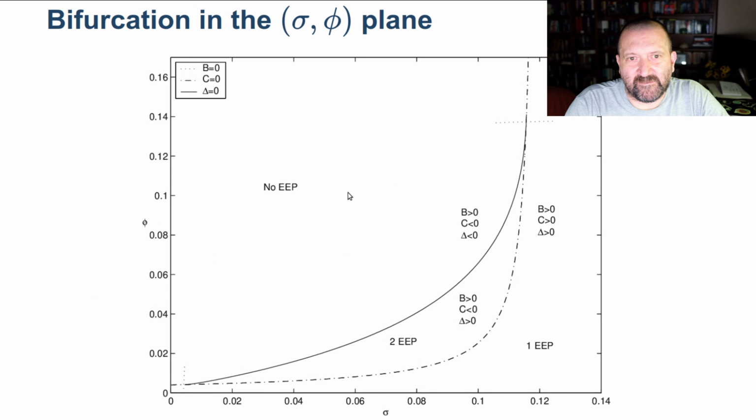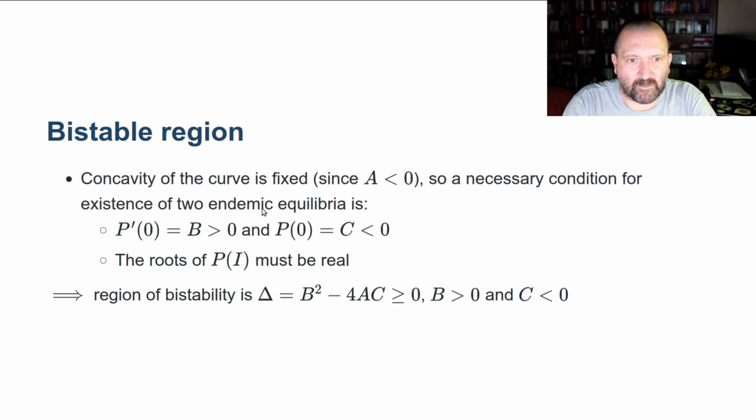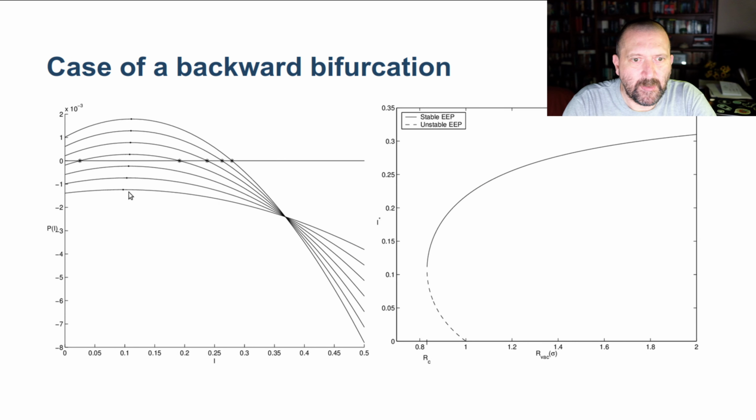And so you see that what happens here, this is in terms of sigma, so 1 minus the efficacy of the vaccine, and phi, the vaccination rate. What you see is that there are three different regions. There's a region where there's no endemic equilibrium point, so that's the point where we are here.